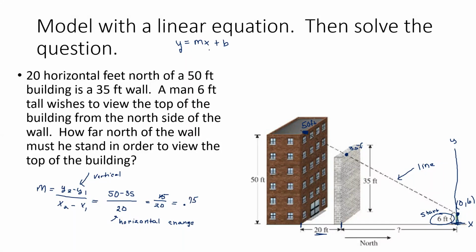So now I'm going to see if I can write my equation, and I definitely can because I know y equals the slope 0.75 x, and then the plus b is how high up I start because it's a y-intercept, and we actually were able to figure that out, that we started at 6. Now sometimes this can be a struggle to people because they're thinking our slope should have been negative because it looks like the line is downhill.